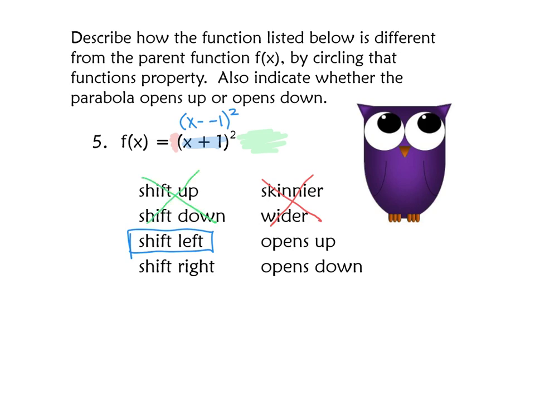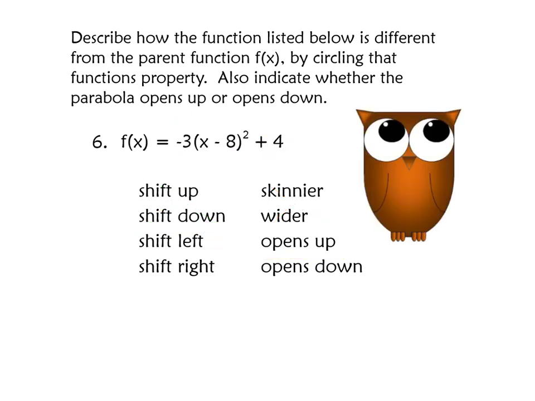And my A value is technically positive. There's technically, if you wanted to think about it, a +1 out here, but we don't write it. And so this opens up. Go ahead and take a few minutes and try example 6 by yourself. So pause this video for a few minutes.